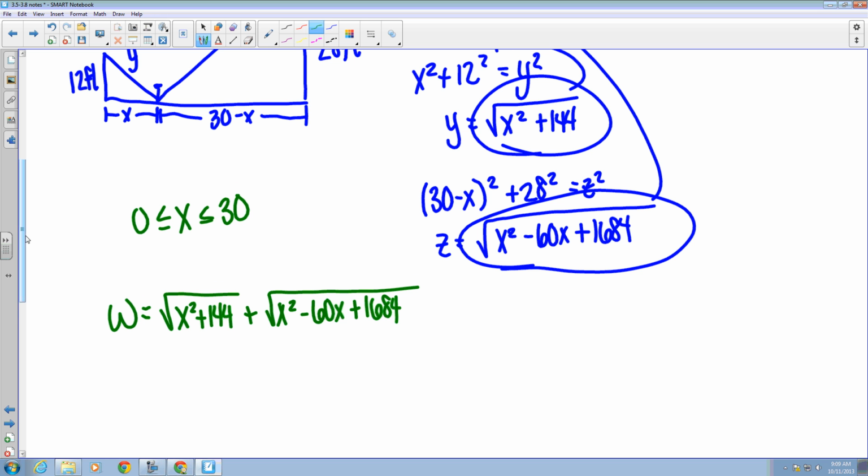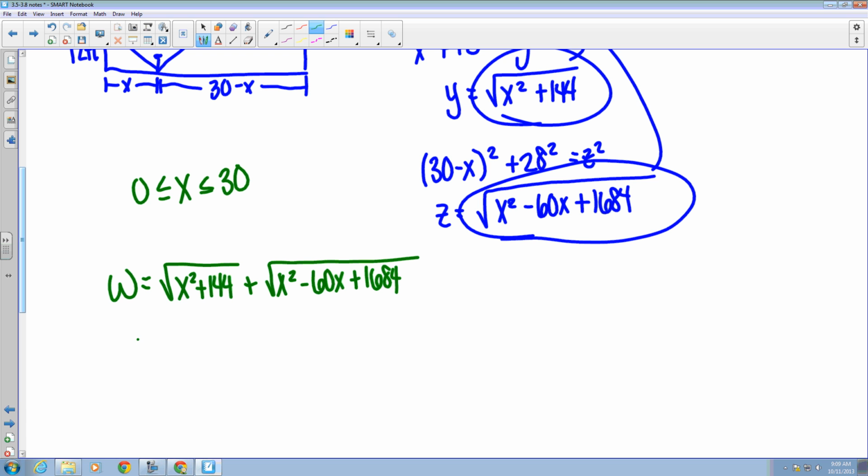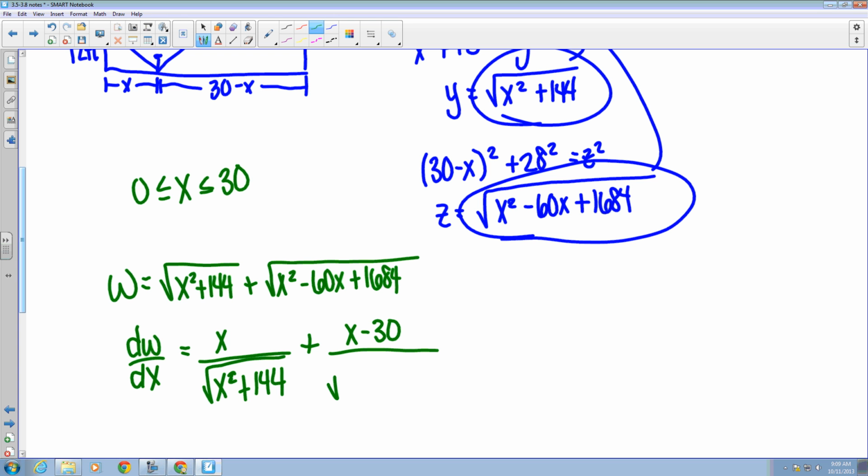All right, now we need to take the derivative of w. It's going to be dw dx. Chain rule both times. Save us a tad bit of time. x over the square root of x squared plus 144 plus x minus 30 over the square root of x squared minus 60x plus 1684.